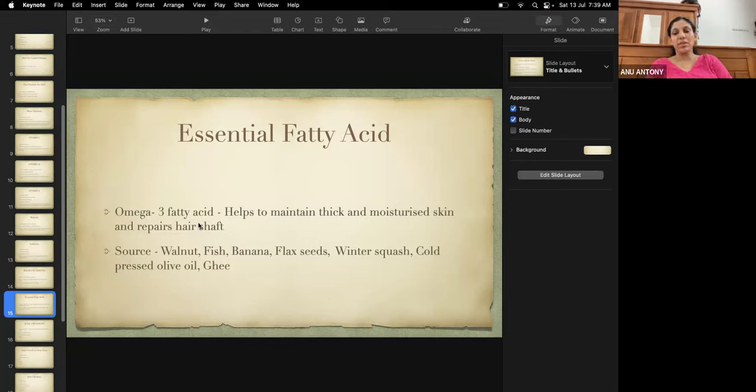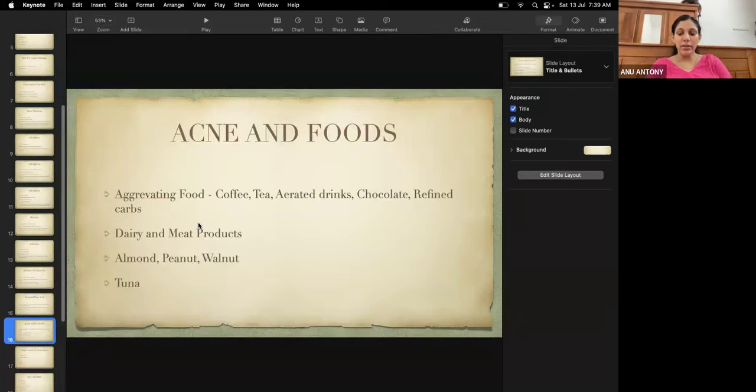Then winter squash. Winter squash is nothing but the pumpkin. Cold press olive oil, when you are having salads, you can use it as a topping. Then the primary essential fatty acid source is ghee. So these are the basic sources.